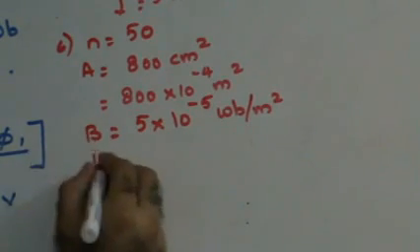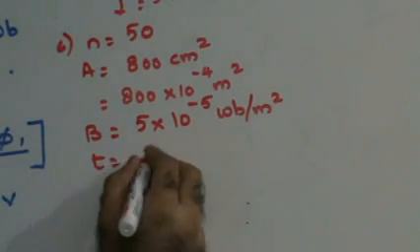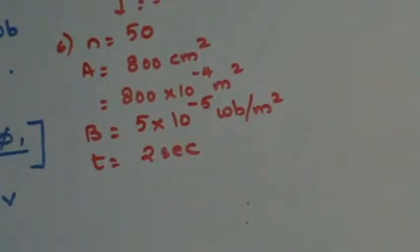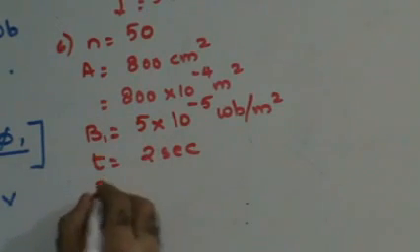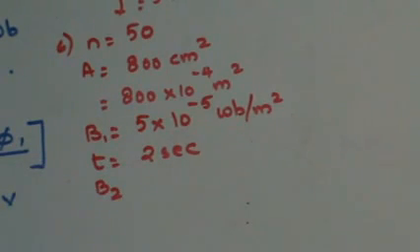If it is pulled out of the field in 2 seconds, find the EMF induced in the coil.